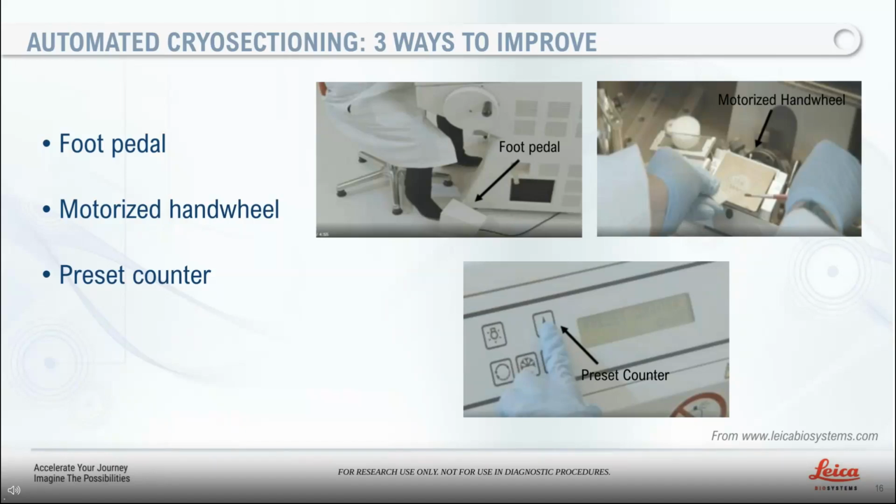The motorized handwheel will also free both hands to manipulate sections. And the preset counter. So don't worry about the number of sections or trimming levels already completed when following complex sectioning patterns. The section counter and section thickness totalizer do that automatically for you.